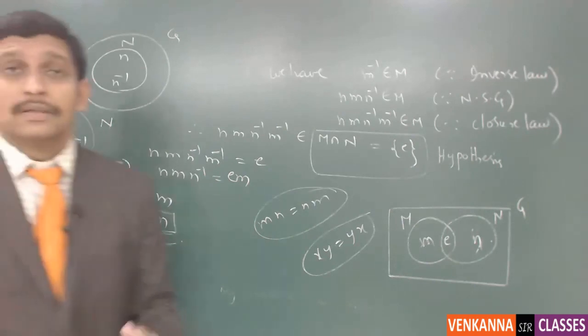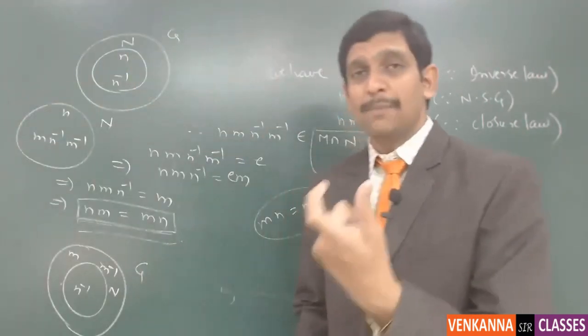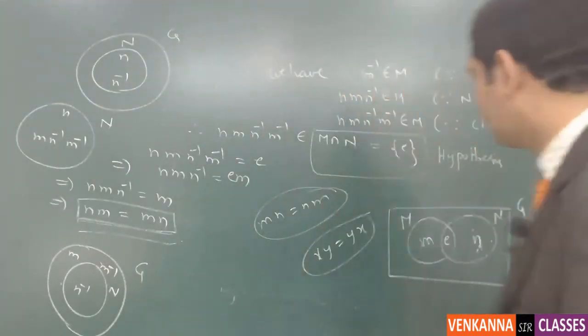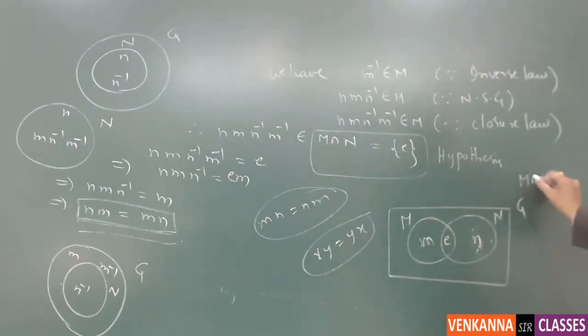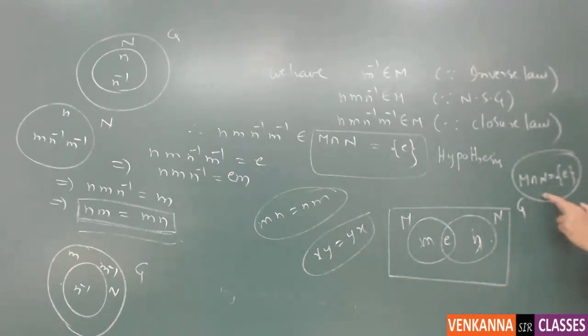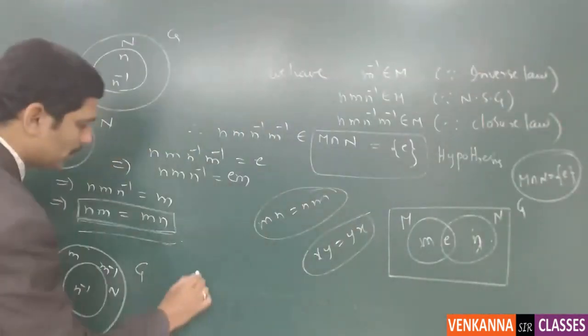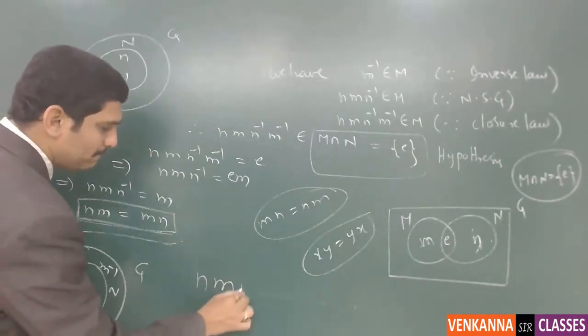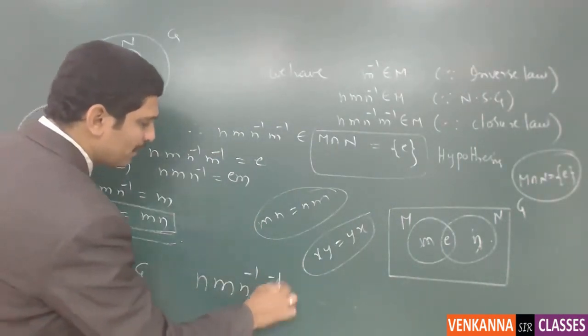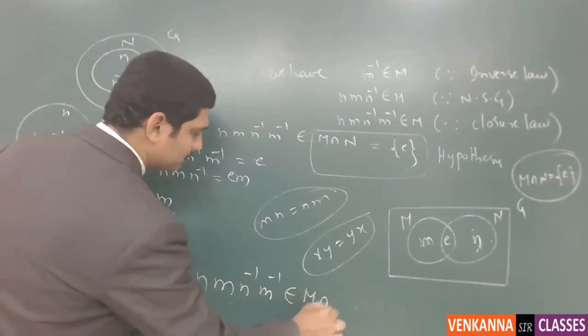The only special property I have here is that the intersection has only one element. I have to make use of this. That's why I used the technique that I want to show n m n inverse m inverse belongs to the intersection.